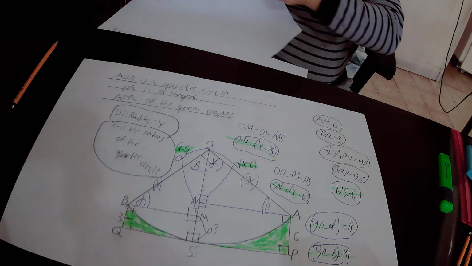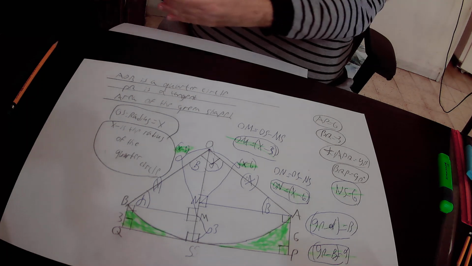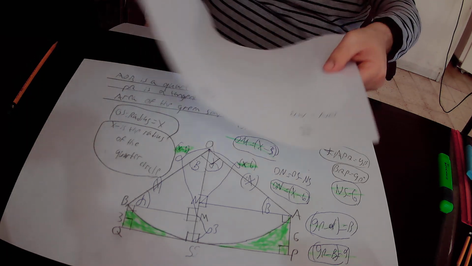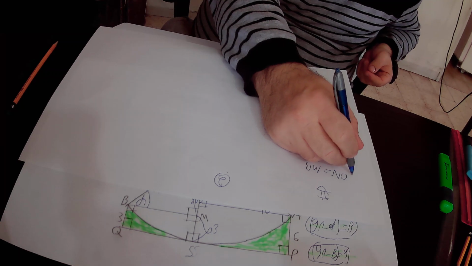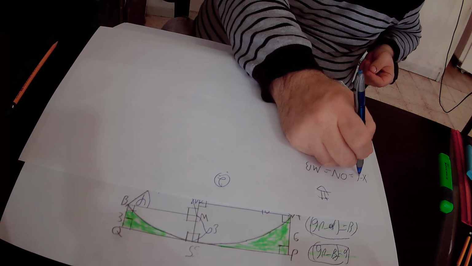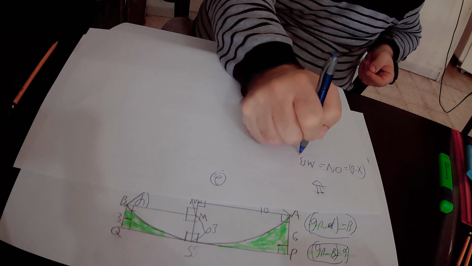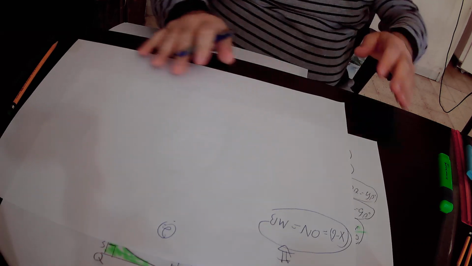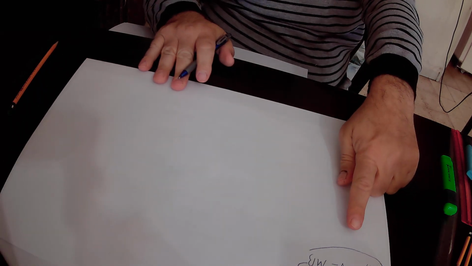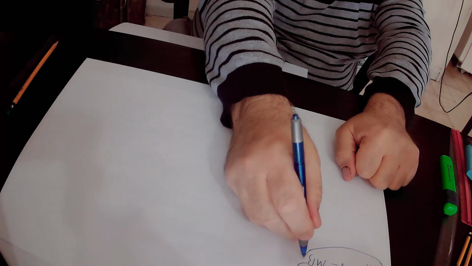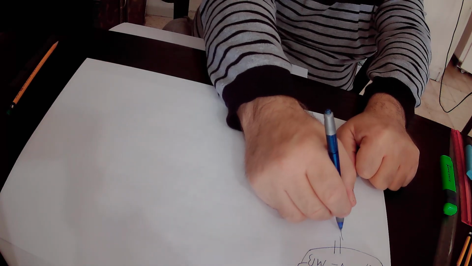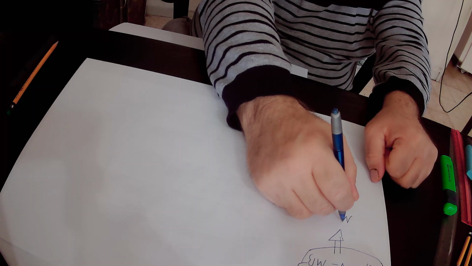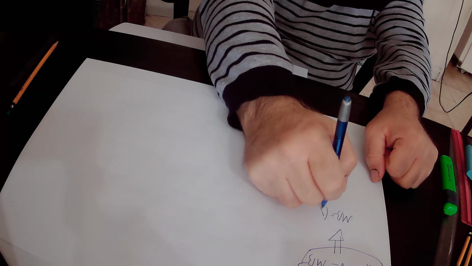So we can write here that ON is equal to x minus 6, and from the equation x minus 6 equals ON equals MB, we derive that side MB is also equal to x minus 6.